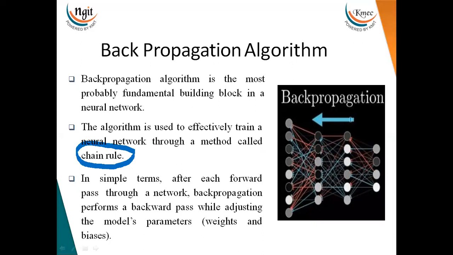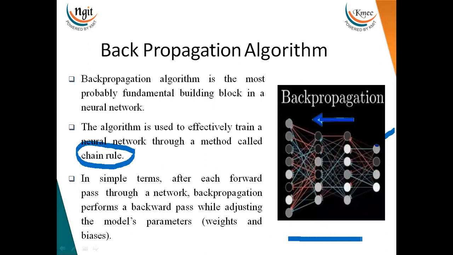As you can see in the diagram, an arrow is given from the output layer to the input layer. This is the input layer, this is the hidden layer, and this is the output layer.